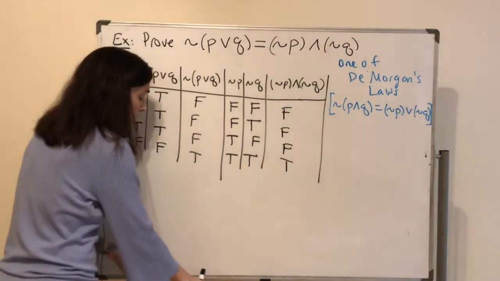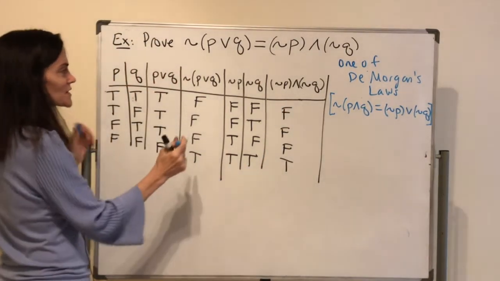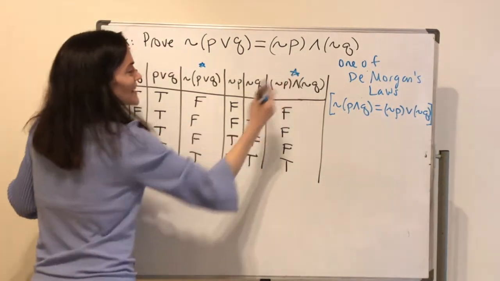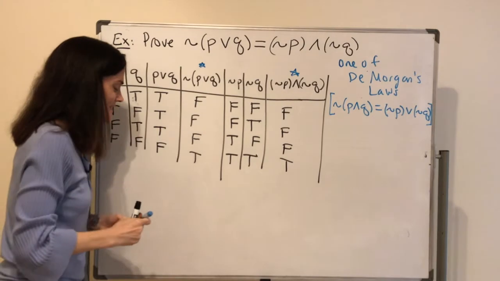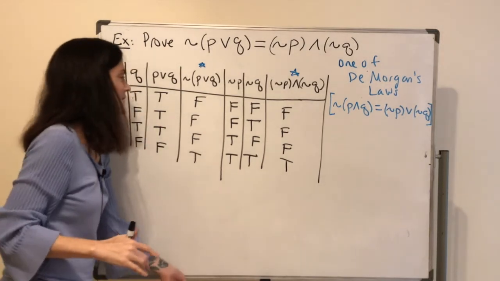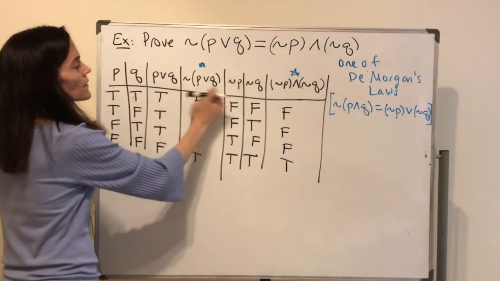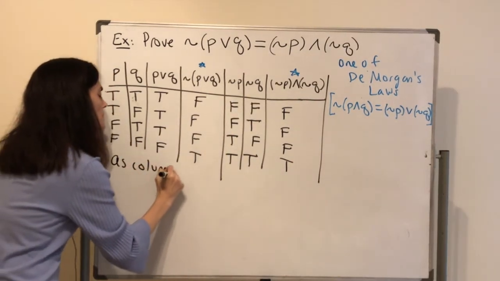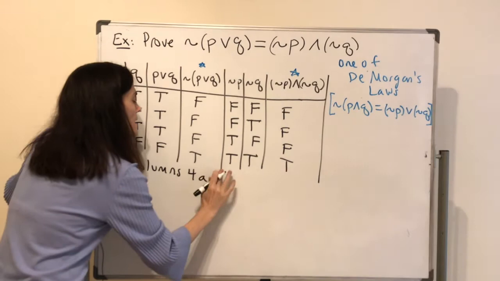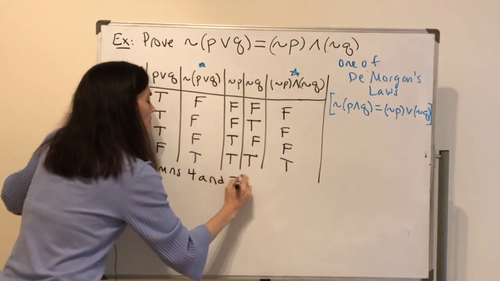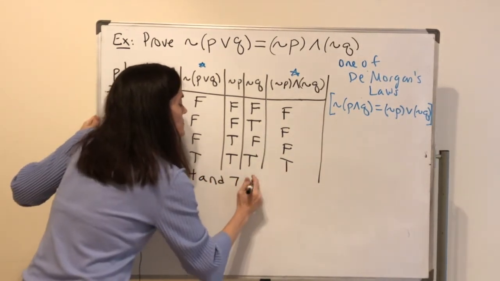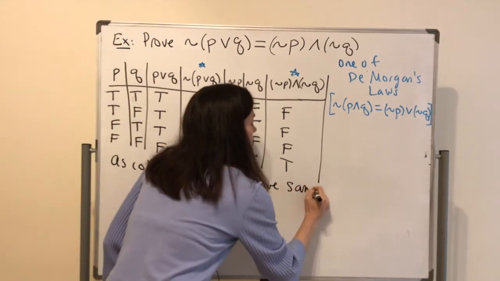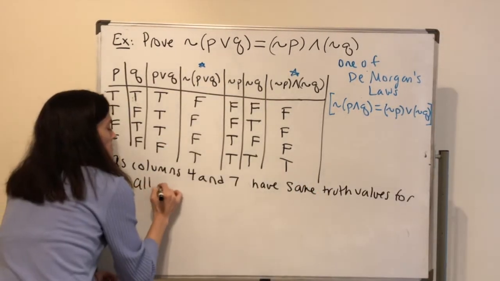And which columns are we trying to show here for this logical equivalence? Well, this one and this one. So now we will complete this proof of logical equivalence. This is column 4, 7, as columns 4 and 7 have the same truth values for all possible inputs.